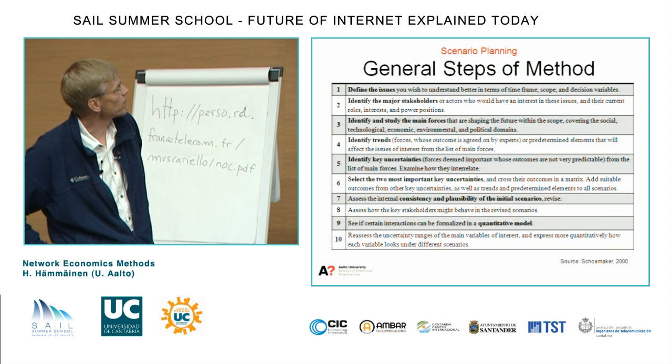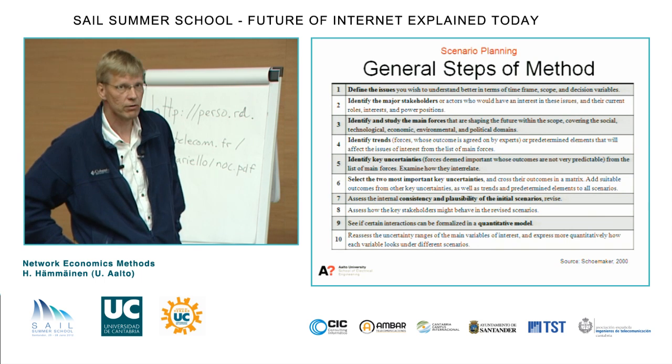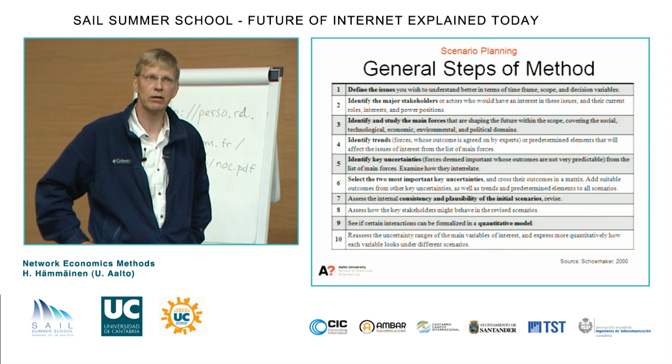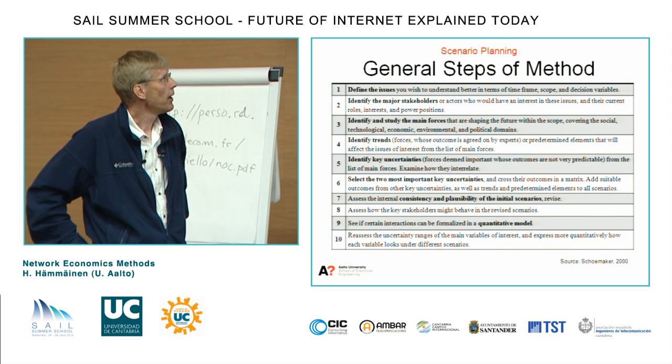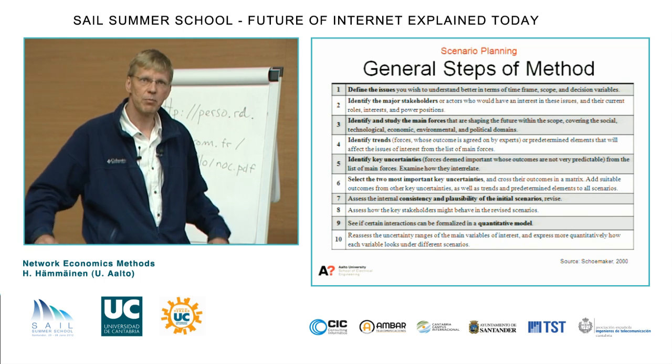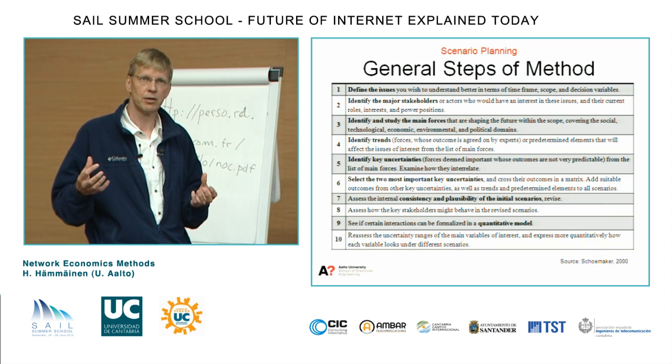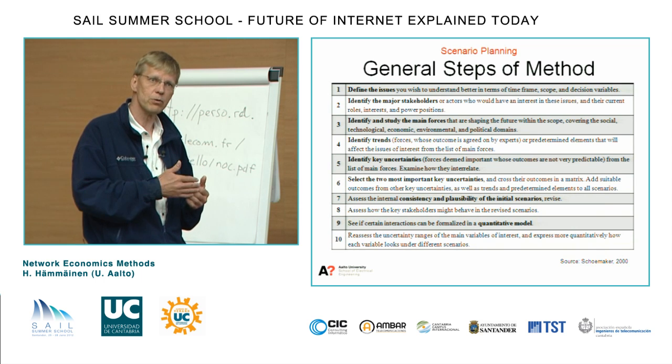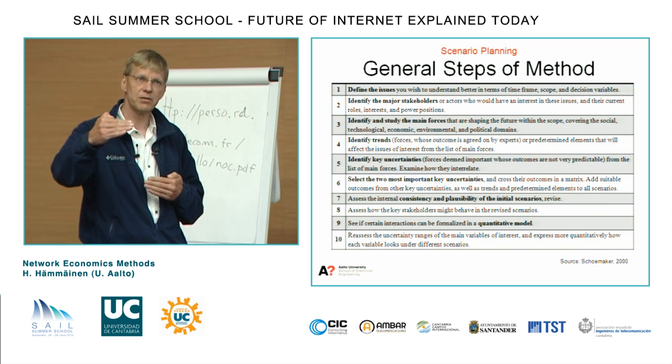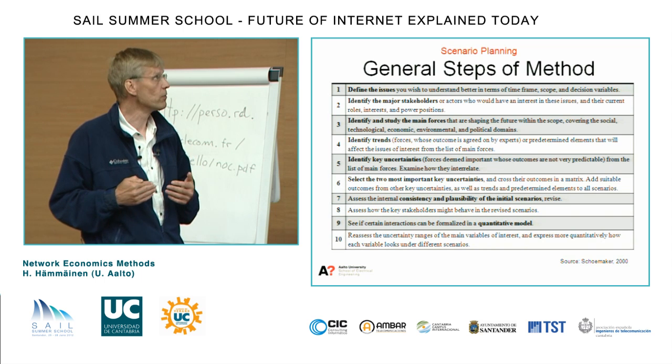Then you are looking for the main forces that are molding the future. This is typically a brainstorming exercise or based on interviews, and you list a lot of candidates for the major forces.